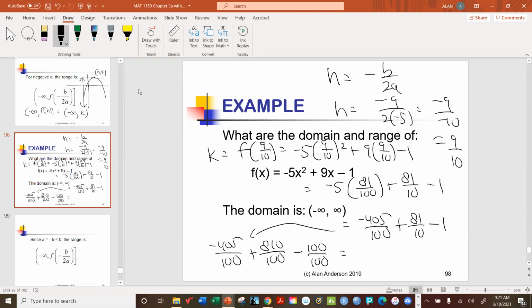let's see, minus 405 plus 810 minus 100, that's 305 over 100. And then I guess we can simplify that a little further. Let's see. 61 over 20 I have.